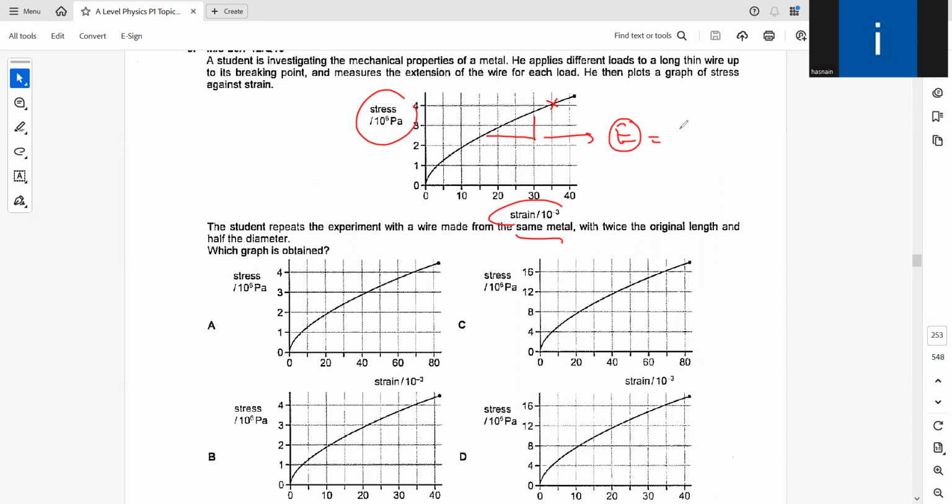So stress here is 4 exponent 6 and strain here would be 35 exponent minus 3, right? So that's the ratio of stress over strain. So this should stay constant regardless of the length made twice and diameter made half.